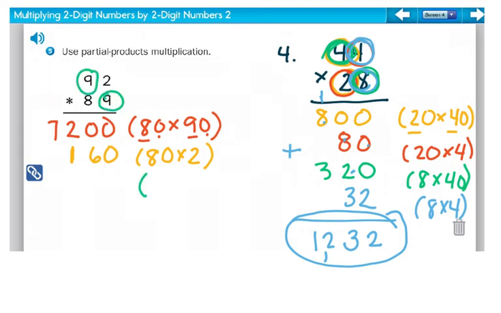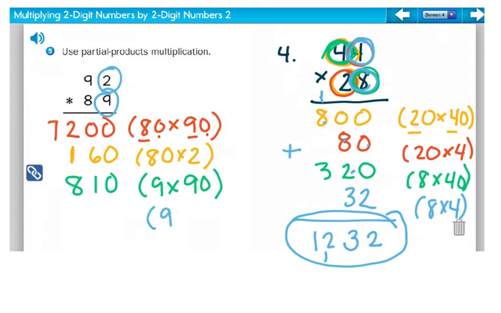So the value of this 9 is 9. The value of this 9 is 90. 9 times 90 is 810. And lastly, I have to take the 9 times the 2 and those are in the ones place, so it just becomes a basic fact. 9 times 2 is 18.